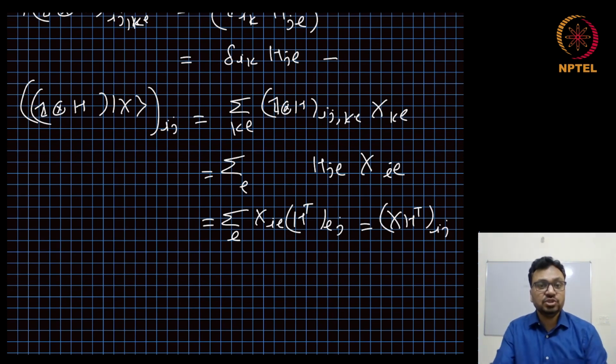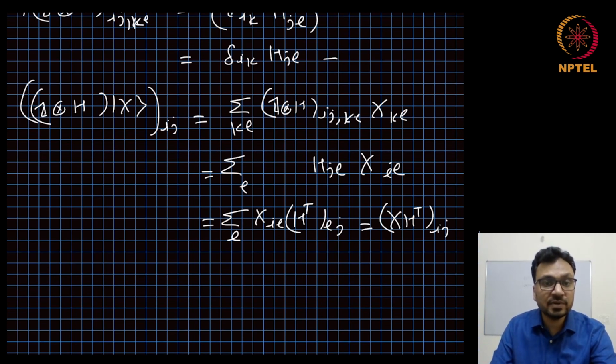So I tensor H acting on vector X, and the ijth element of that is X times H transpose, the ijth element of that.